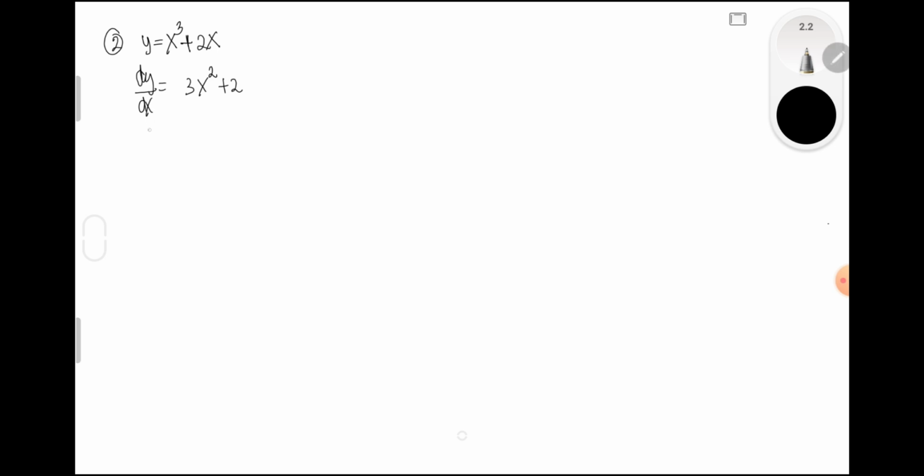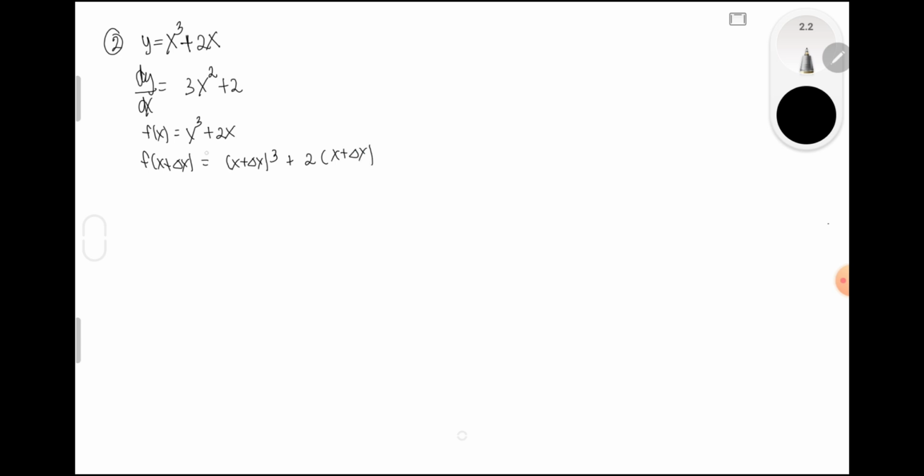So if you have our f of x, which is equal to x cubed plus 2x, and our f of x plus delta x, we have x plus delta x raised to 3 plus 2 multiplied by x plus delta x. Okay.